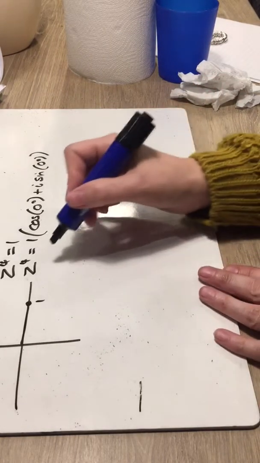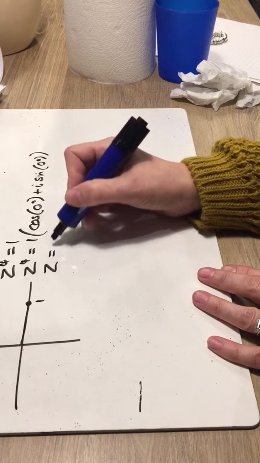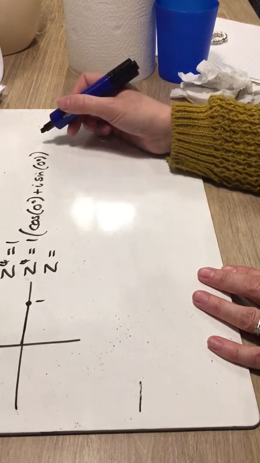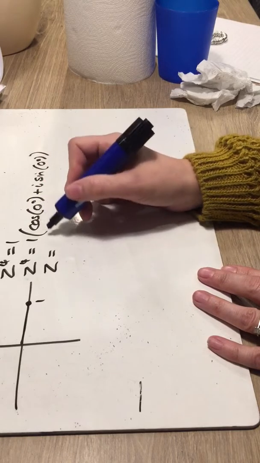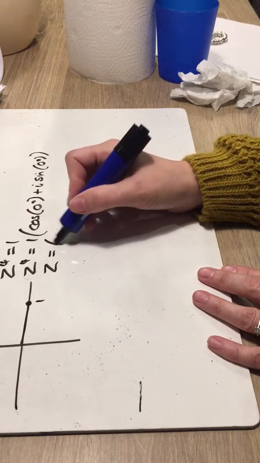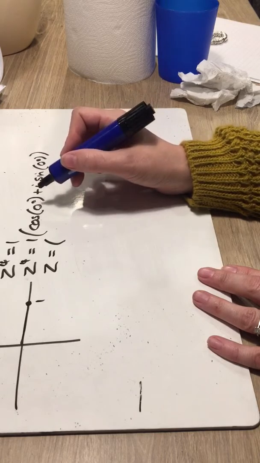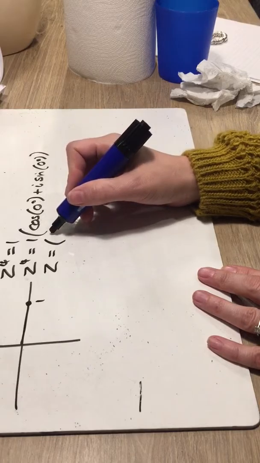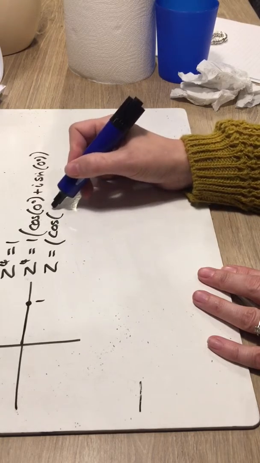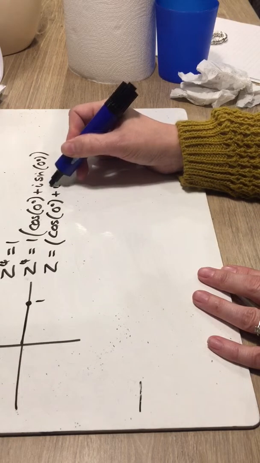Okay, and then if I want to get my solutions, z is going to be that to the power of a quarter. 1 to the power of a quarter is still 1, so I'm not going to even bother putting that in. And then if I multiply 0 by 4, I still get 0. So the first solution is going to be that.